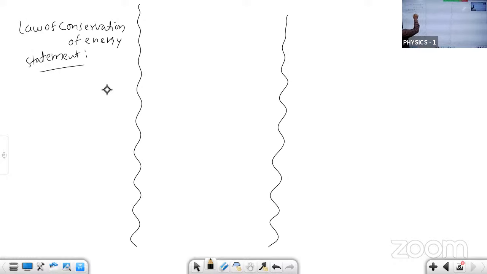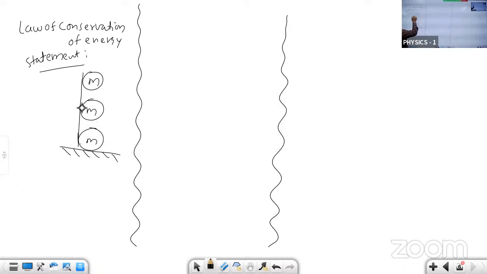After that, the diagram: a body falling freely. In every LAQ we have a diagram. M is the mass of the body. The body falls from a small h height.